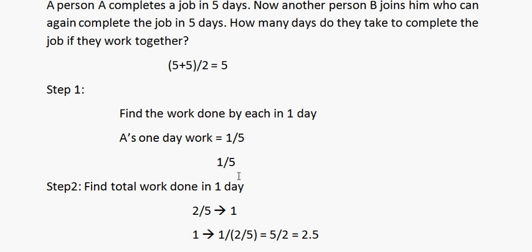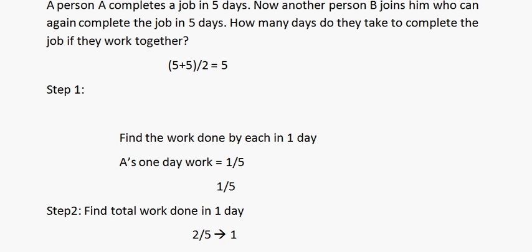Now we have here 1 by 5, 1 by 5 and 2 by 5. Can we also assume that total unit of work to be done was 5 units, right?